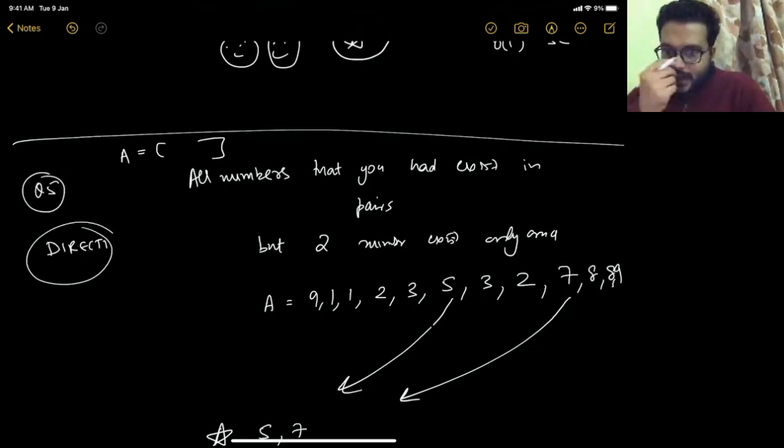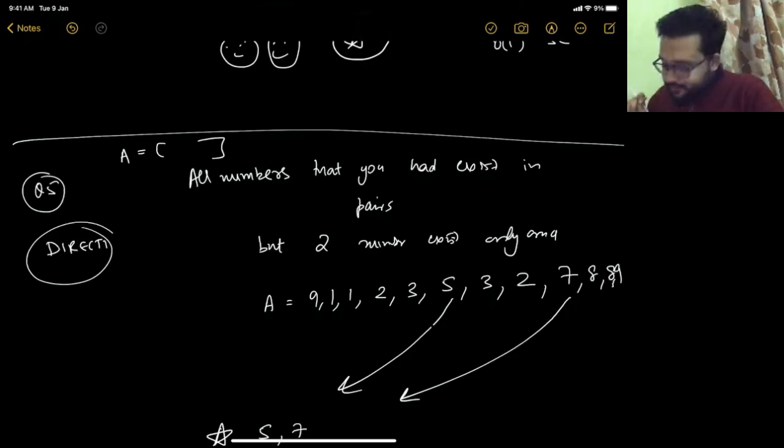Cool. So now, everybody, please pay attention. I want to figure out two numbers that do not exist in pairs. Do you appreciate that I could have solved this question by sorting? My solution one will look like: sort all the numbers and then do a traversal.